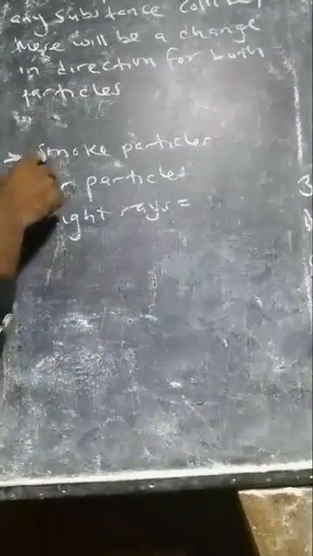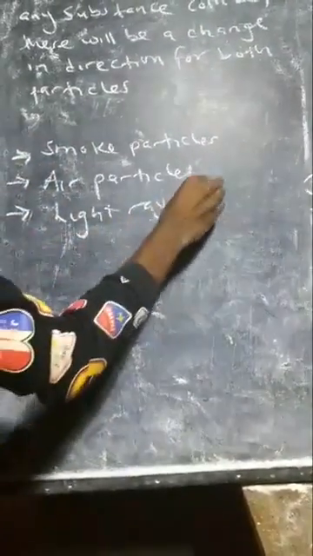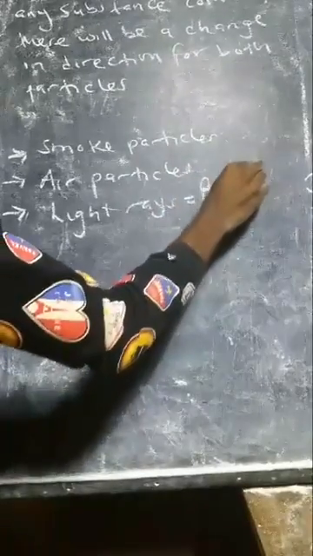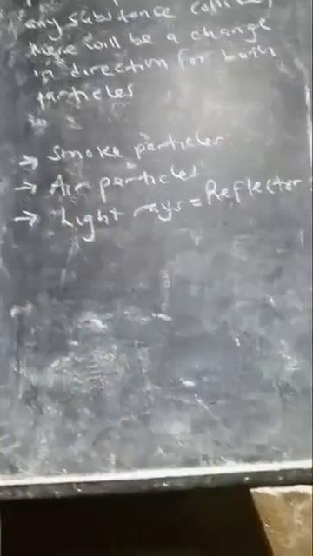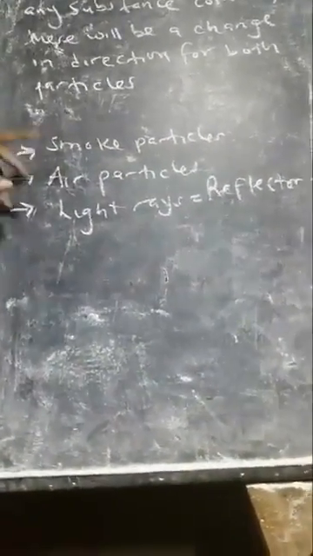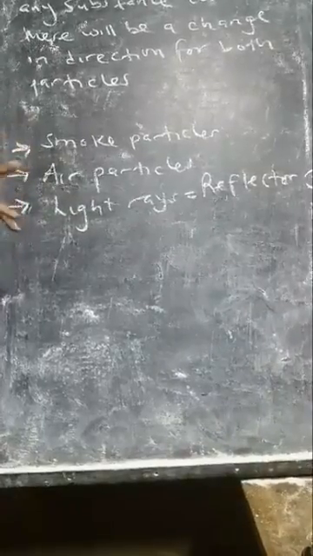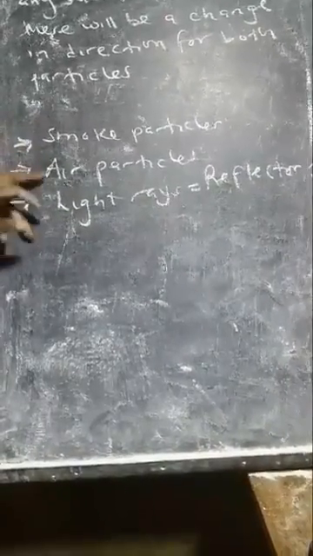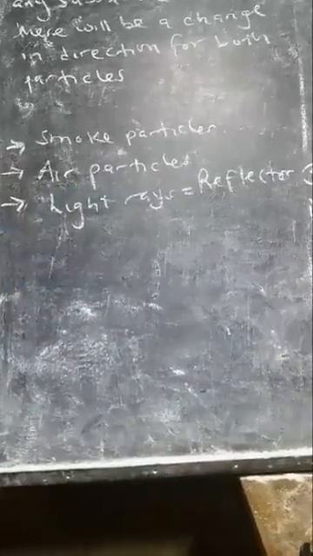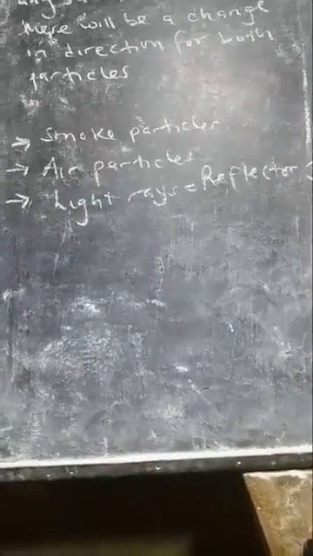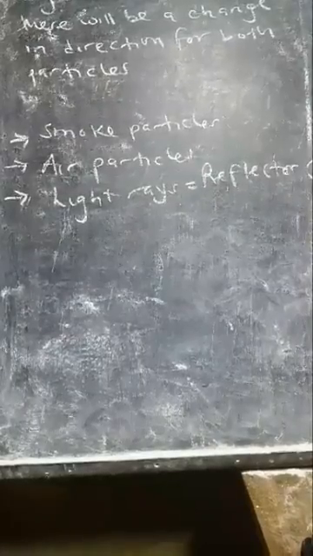So these guys collided, and this guy was used as a reflector to the microscope. So when two particles collide, definitely there will be a change in the direction, like that. So this is what you guys can deduce on this.